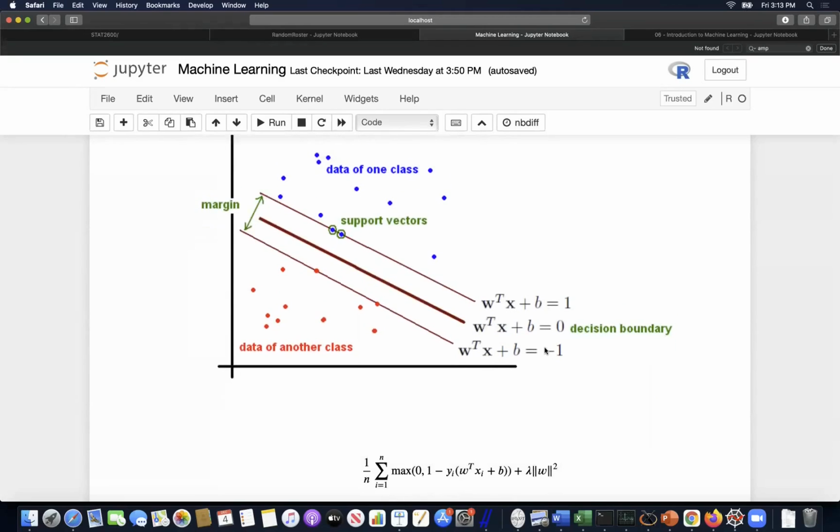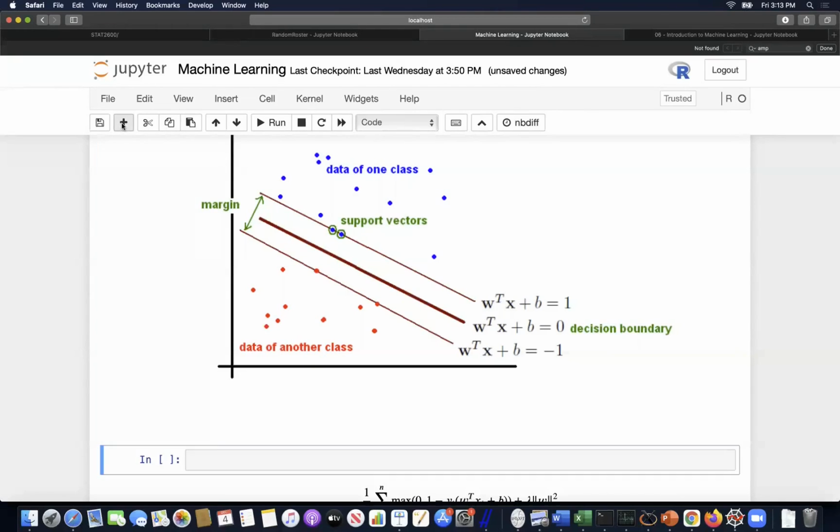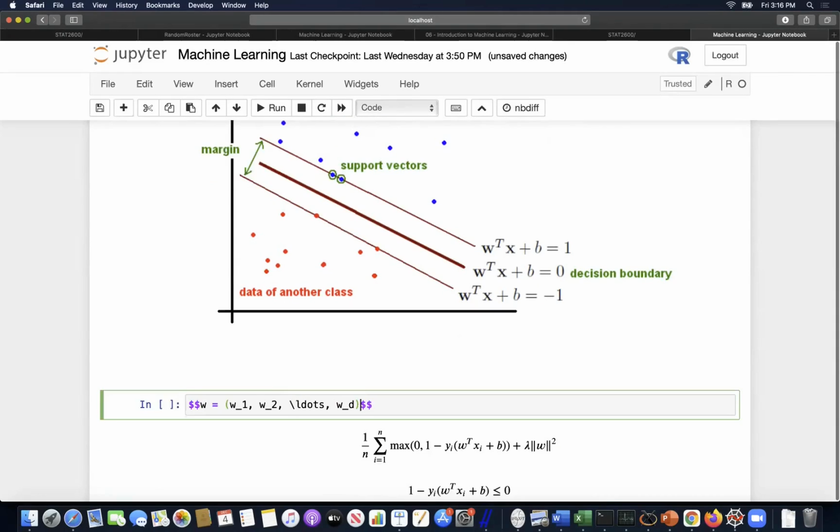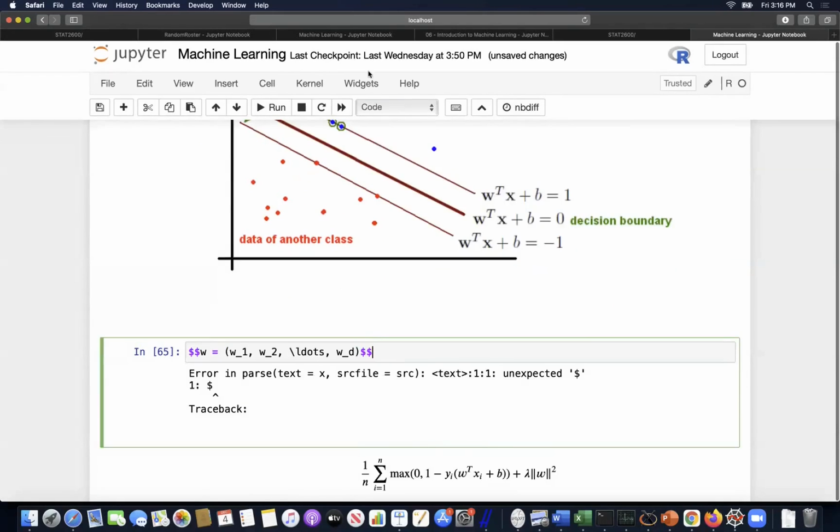And that's exactly what's going to happen. So this is going to give you an objective function that you want to minimize. In machine learning, you like to minimize. That's the convention. We want to minimize this norm of W squared. And as I said, if your W is W1, W2, up to WD, let's say it's d-dimensional. So you have a d-dimensional vector.